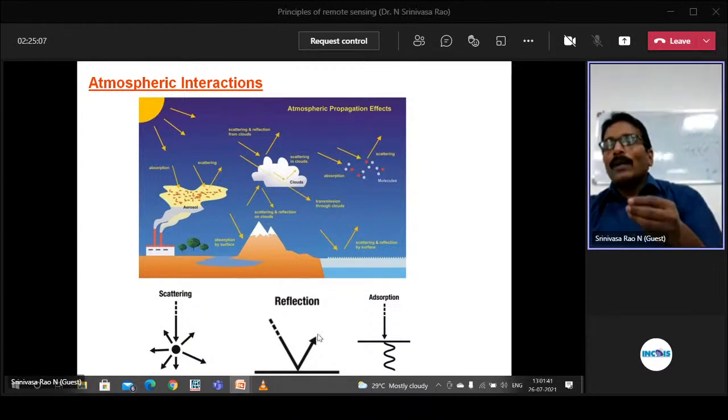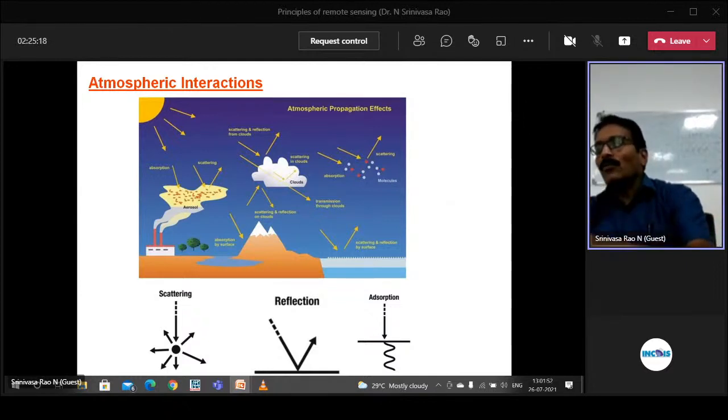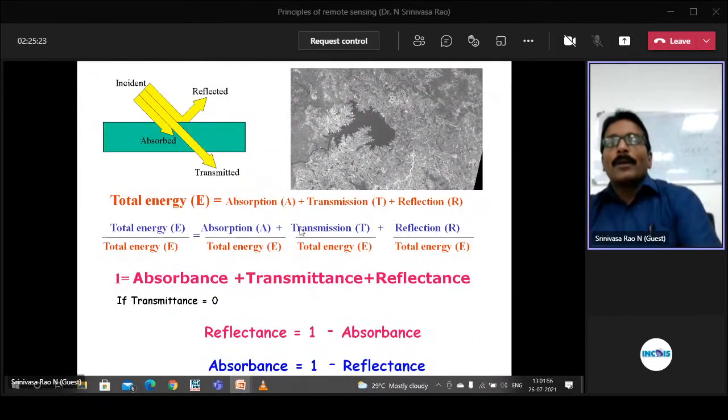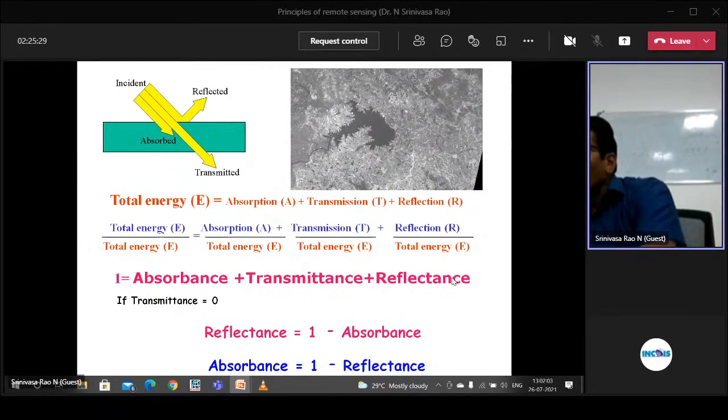You divide that reflected light by the incident energy, the irradiance, and it is called reflectance. Reflected light divided by incident light is nothing but reflectance. That's all.